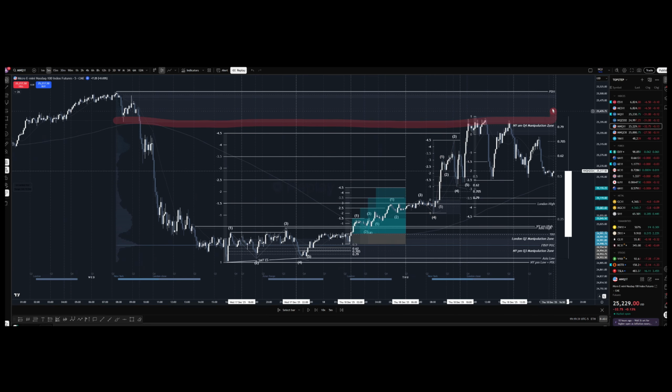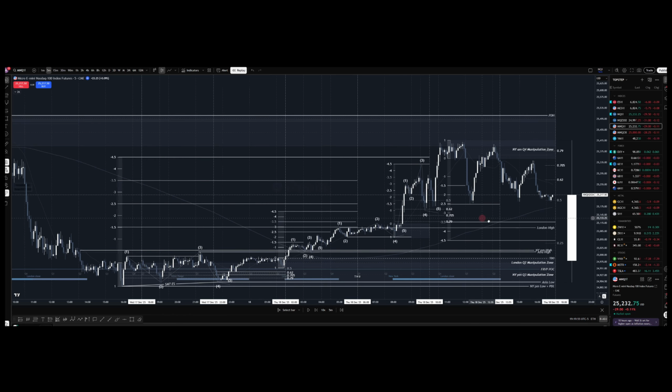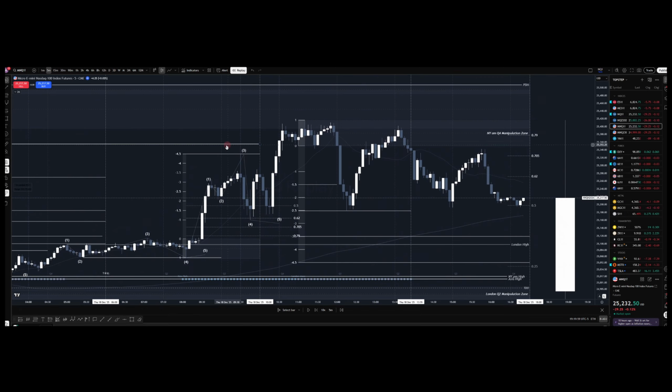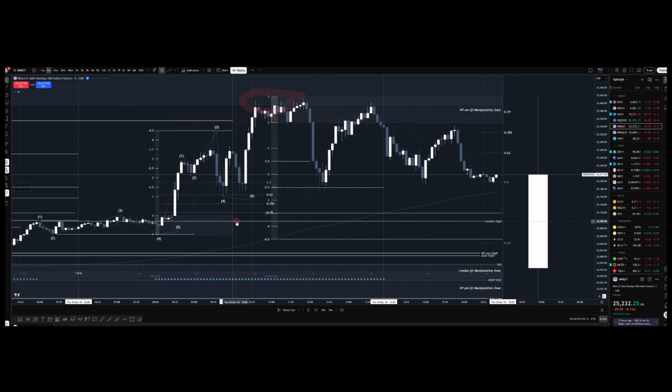So yeah, pretty nice London into New York AM. There. So then once we've reached that SD4, 4.5, we've come back up into that zone. We're into quarter 4 now.